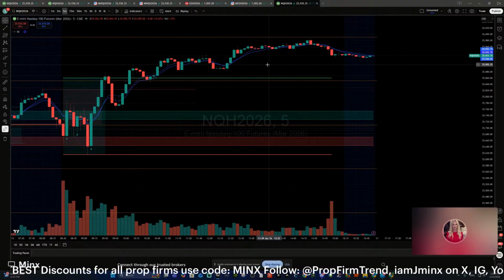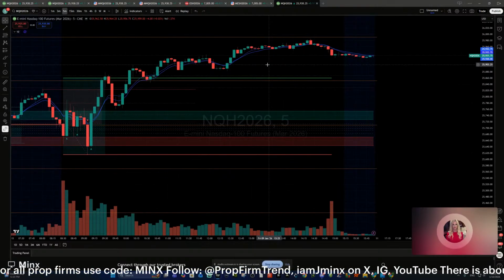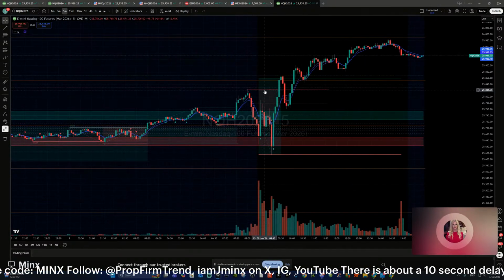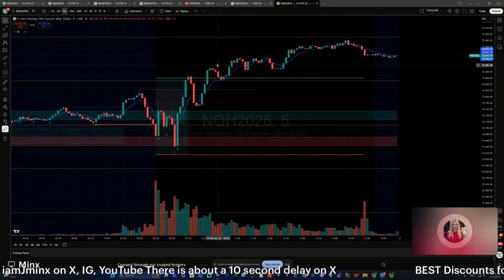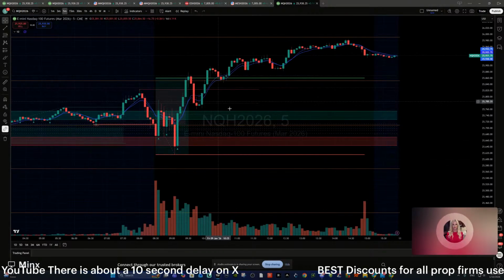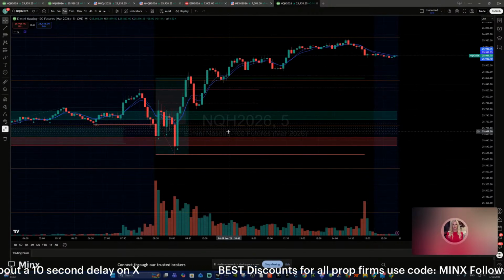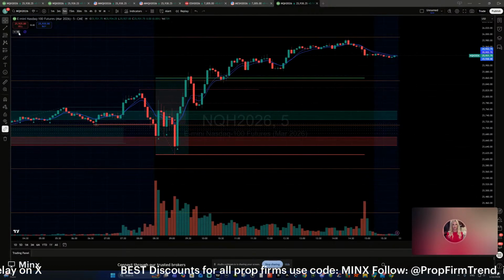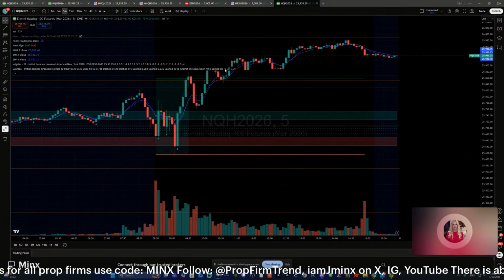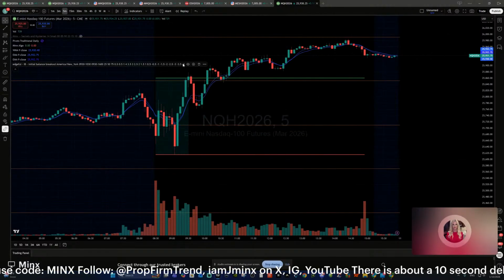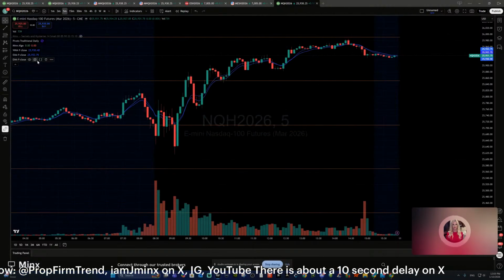It will be 90 points. One candle will be 90 points in seconds when there's news that comes out. That's why it's so important to have a stop loss, because you don't want the market to give you the stop loss. You want to be the one in control of a stop loss.